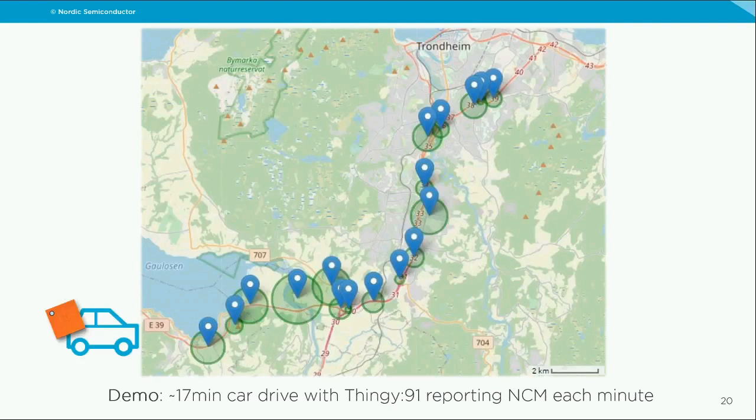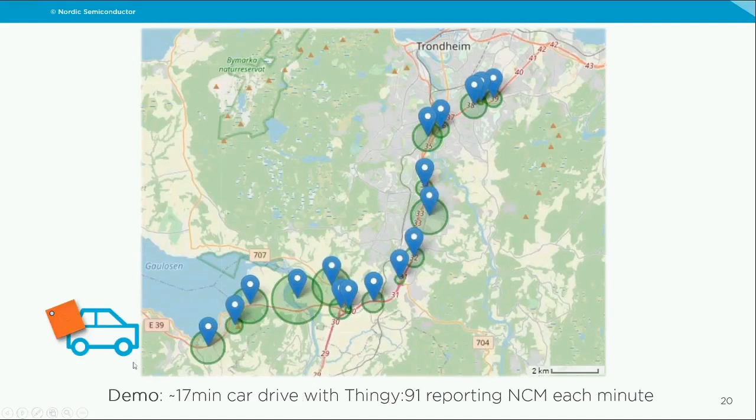And you can actually see the rings that the accuracy is different depending on how many neighbor cells are in the area. So some places you can see a very highly accurate location with very small rings, and sometimes you get a big ring with low accuracy.